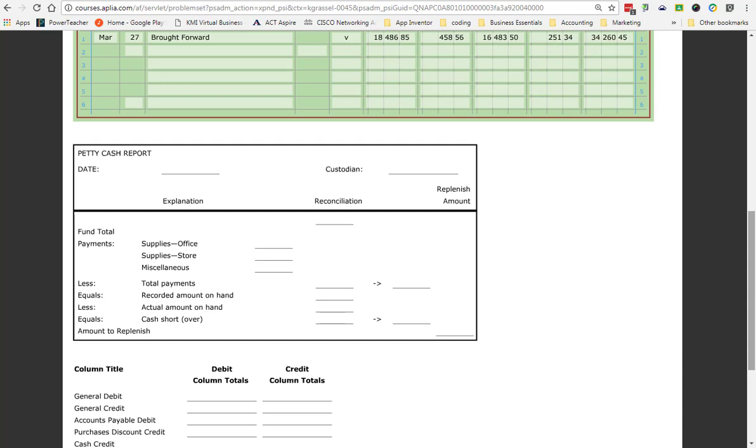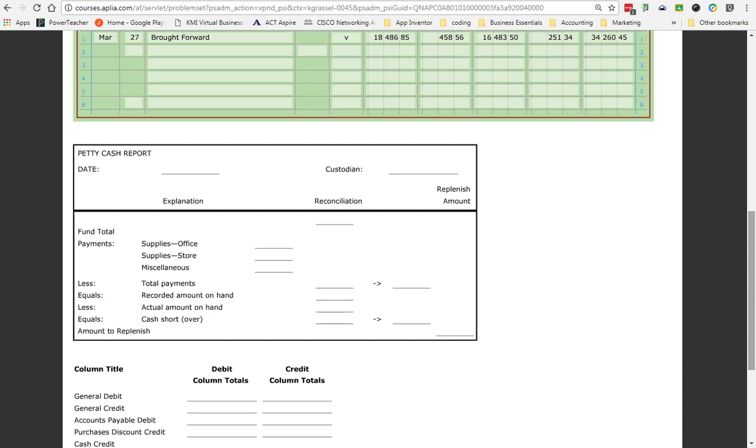With that $50, he will go to Office Depot and buy the paper. He'll give them $50 and get change back. Does that make sense? So let's say the paper actually cost $42.50. So he gets $7.50 back with the receipt.